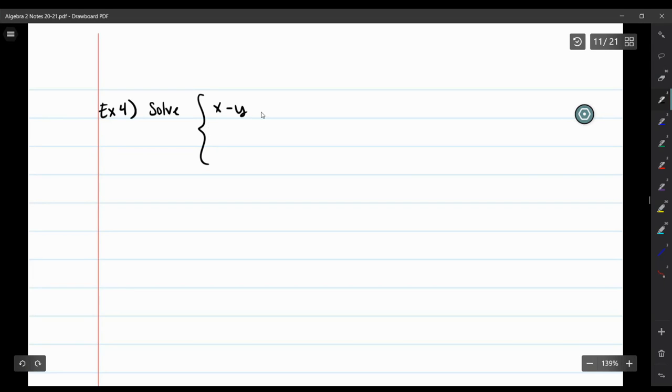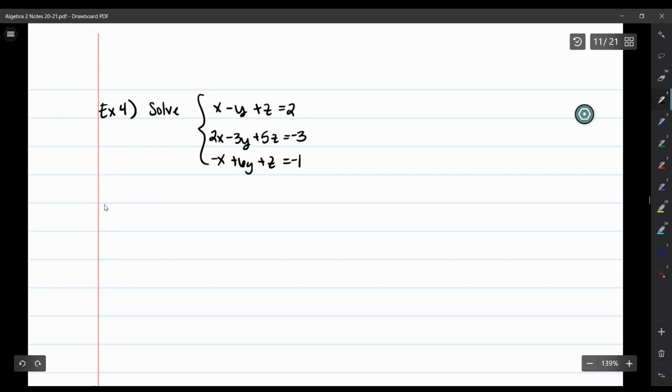x minus y plus z equals 2. 2x minus 3y plus 5z equaling negative 3. And we have negative x plus 6y plus z equaling negative 1. So again, this one is ready to set up in our matrix.